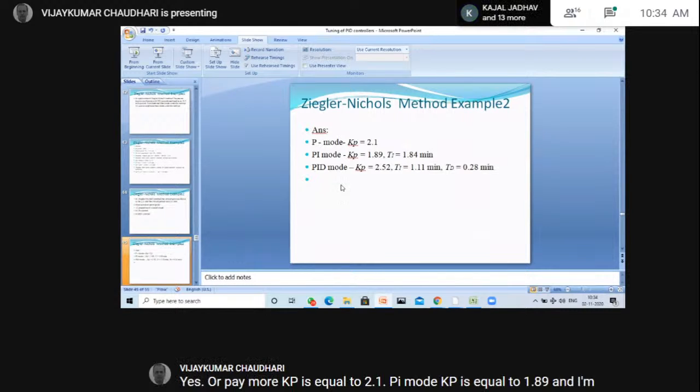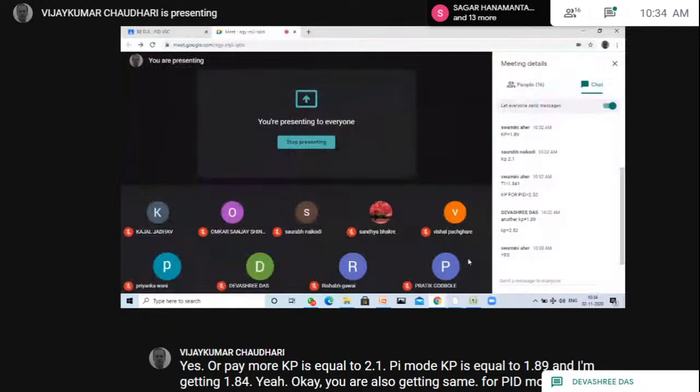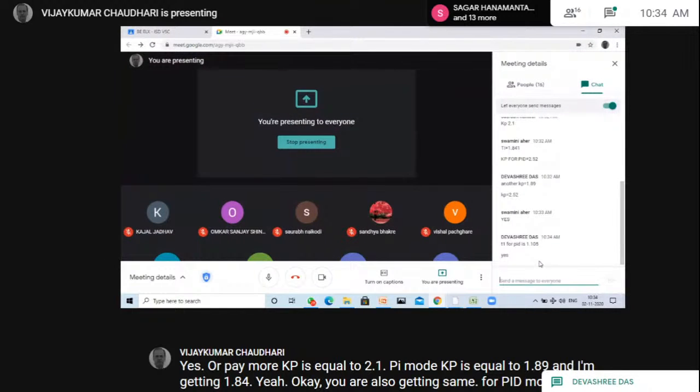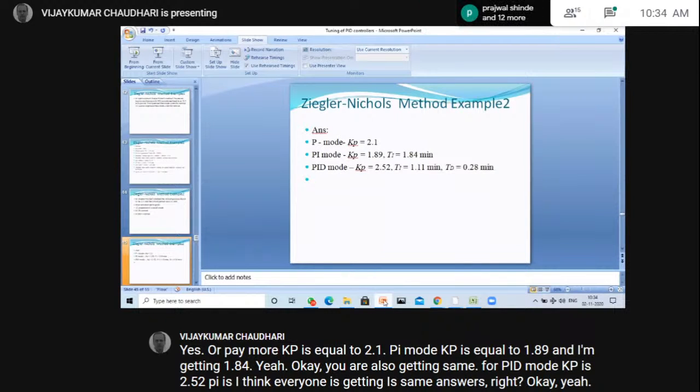Okay, you are also getting the same. For PID mode, Kp is 2.52, Ti is 1.11, and Td is 0.28 minutes. I think everyone is getting these same answers, right? So let's continue then.